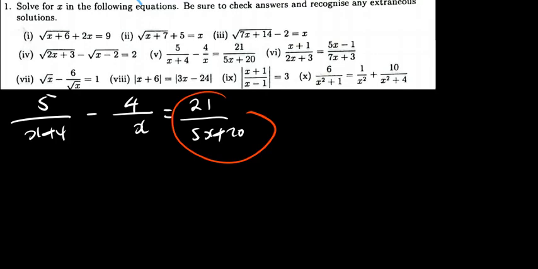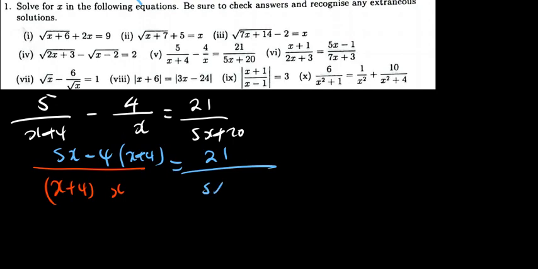So I have to find the common denominator, which is going to be x plus 4 times x. I can clearly see that x plus 4 and x plus 4 will cancel out, and I'm going to remain with just x. x times 5 is 5x. Here I'll have 4, x and x will cancel, then I'll remain with x plus 4, is equal to 21 divided by 5x plus 20.